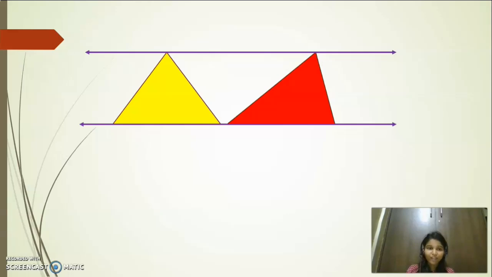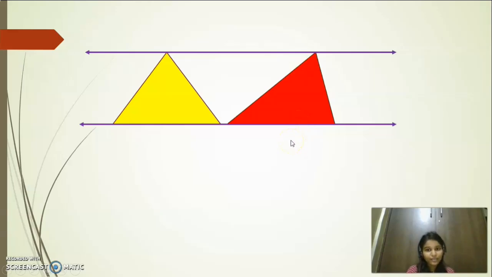Now, if I try to draw a perpendicular from this vertex for this triangle, it will be this. And if I draw a perpendicular for the red triangle from this vertex, then again this line will lie between these two parallel lines. Means the heights of both these triangles are lying between two parallel lines.